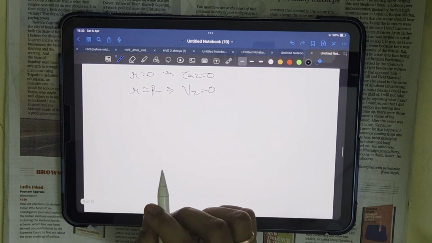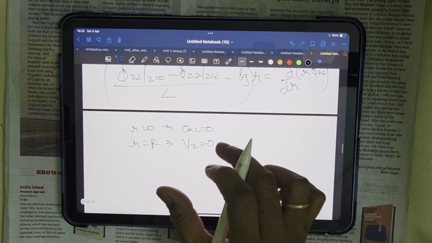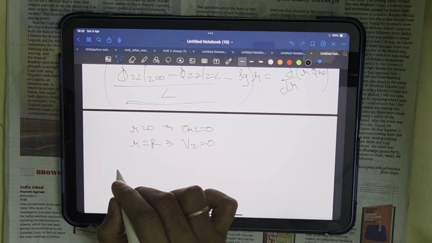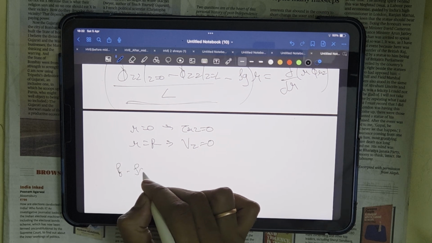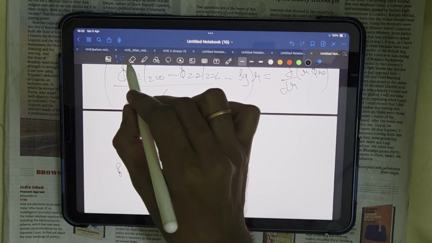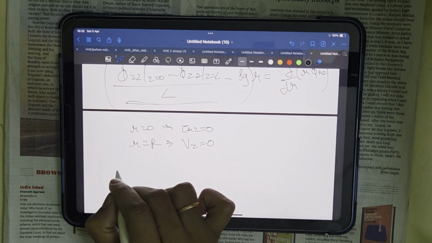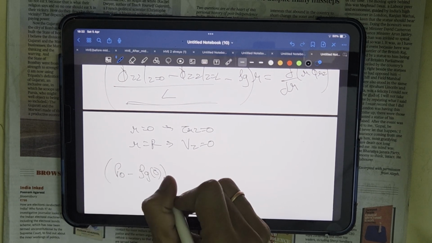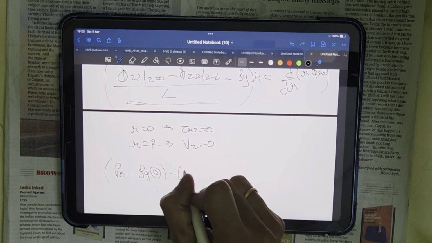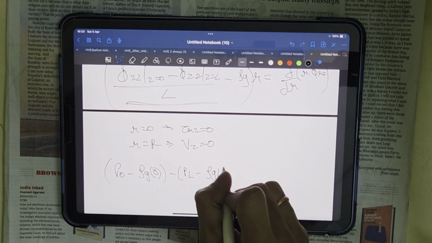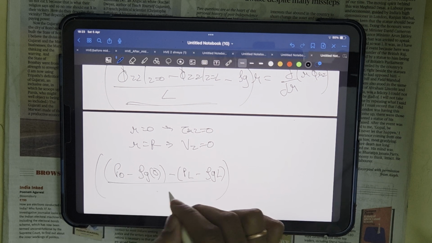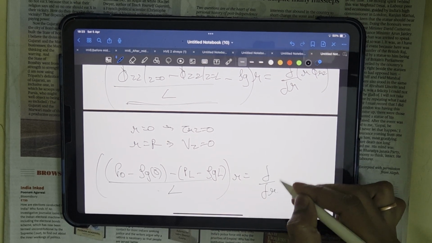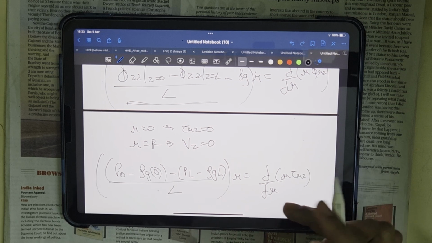Now we will apply the pressure formula in this. This will become P0 minus rho g into 0, minus PL minus rho g into L, upon L, into r, equal to dou of dou r of r tau rz.